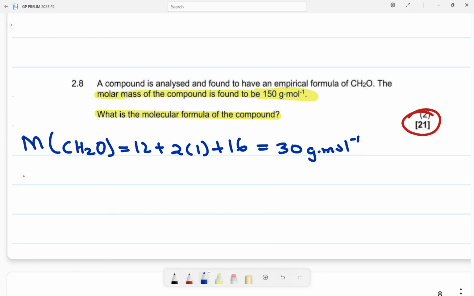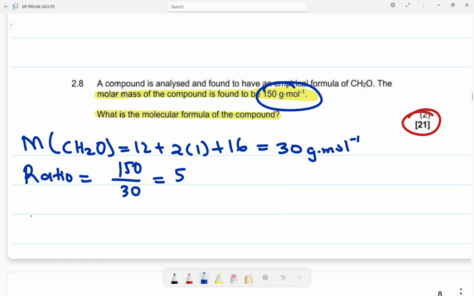And then I will need a ratio. A ratio is going to be the molar mass that you are given, 150, divided by the one that you got, which is 30, and mathematically it says it's 5. Therefore, your molecular formula needs now to be 5 times your empirical formula.